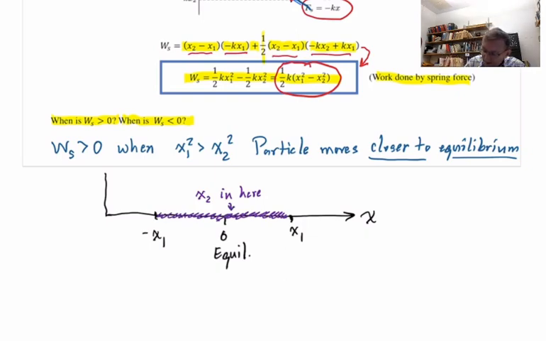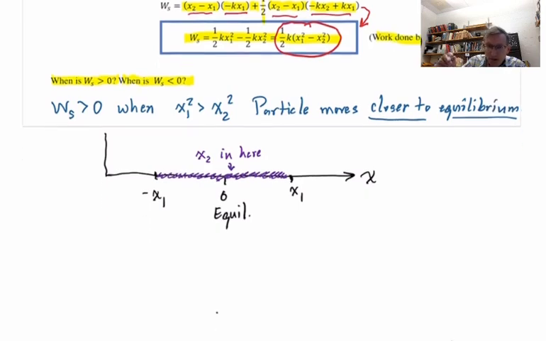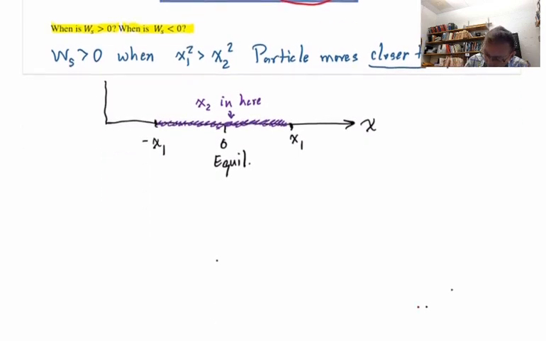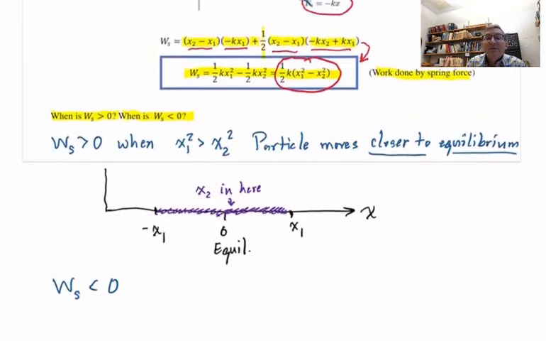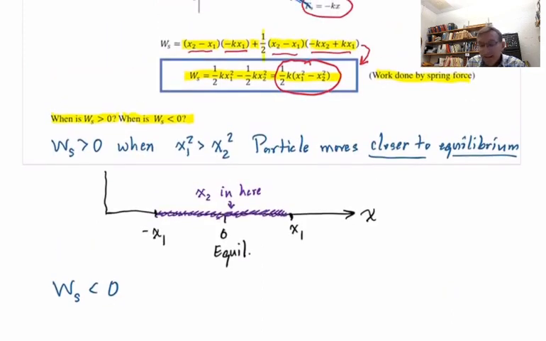Now conversely, when can you get a negative number for the work done by the spring force? Look back up here to the expression I have circled in red. The way to get that expression to be negative, it is possible, is to have the x1 squared be smaller than the x2 squared.